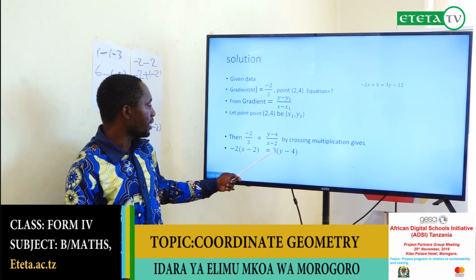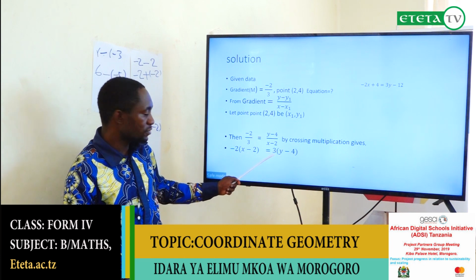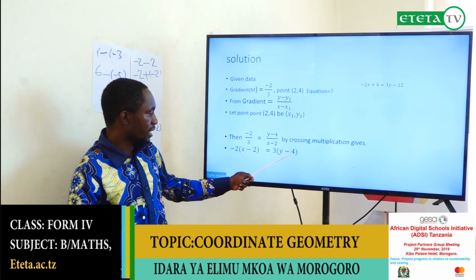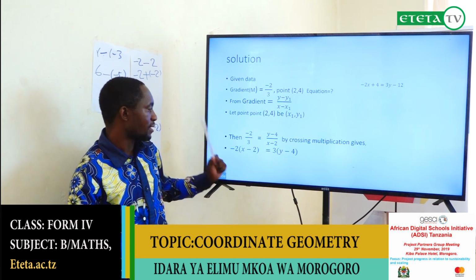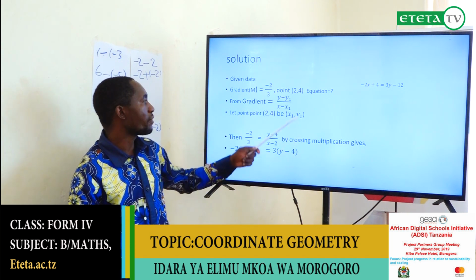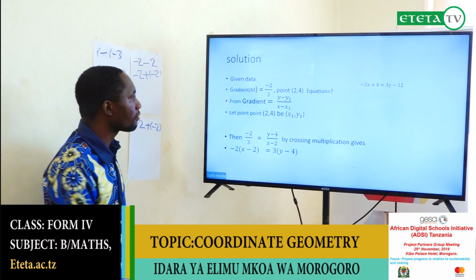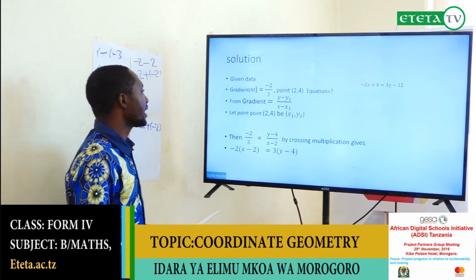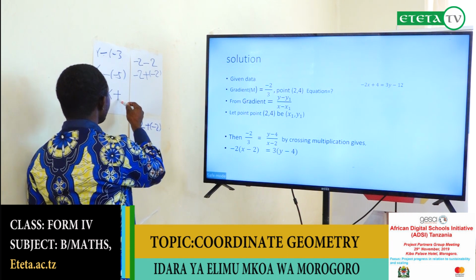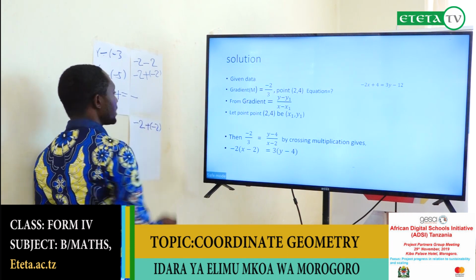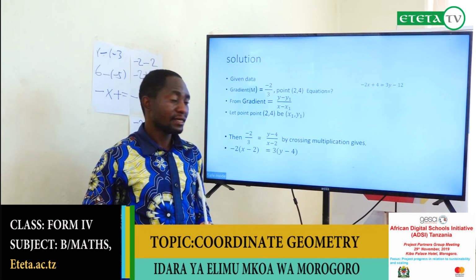Also 3 times negative 4: positive times negative gives negative, so we get negative 12.